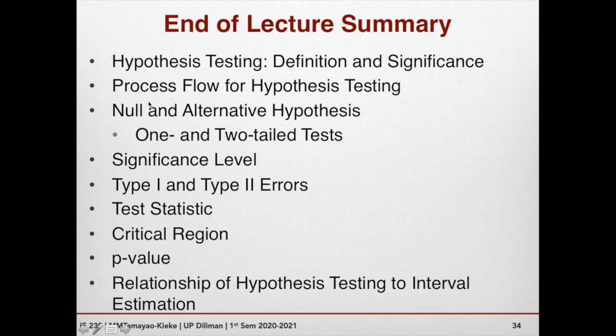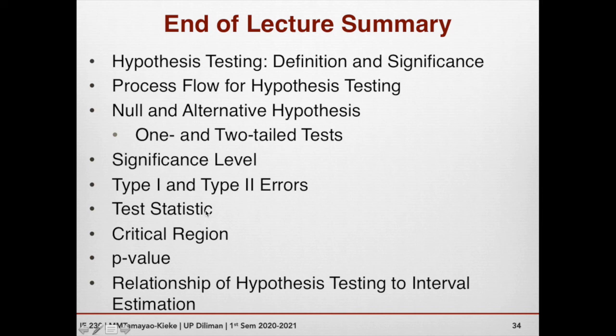We looked at the process flow, and then at one- and two-tailed hypothesis tests, depending on the alternative hypothesis. We defined the significance level, what type 1 and type 2 errors are, and how to determine the test statistic.